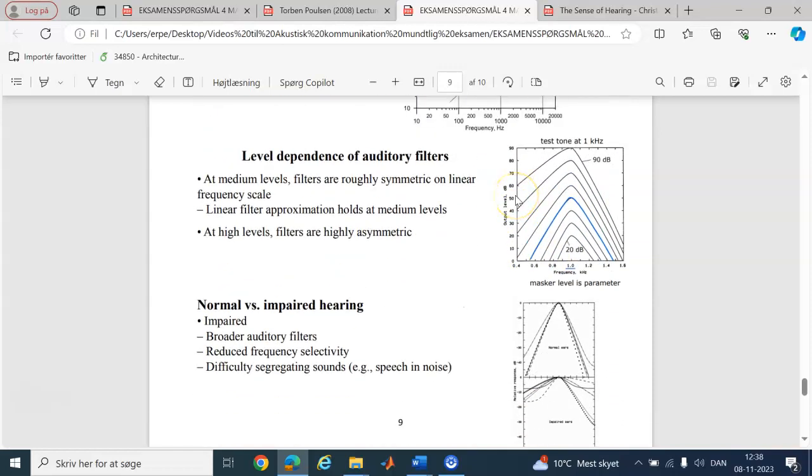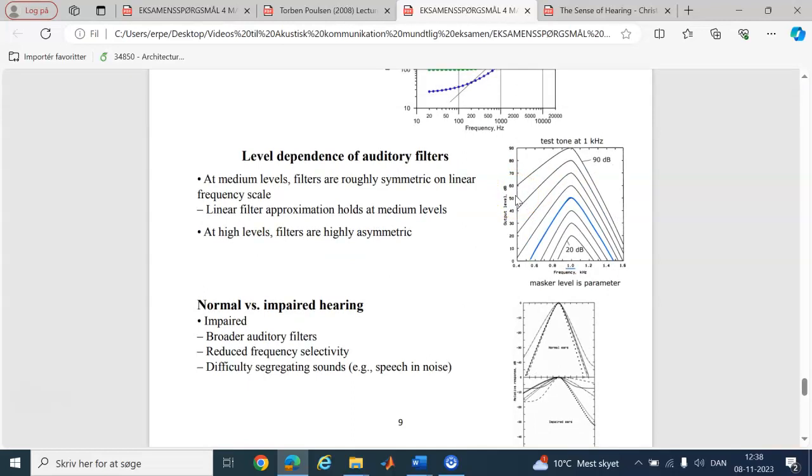Level dependence of auditory filters. It shows up when the levels are small. The masker level is a parameter. At medium levels, as you see here, filters are roughly symmetric on a linear frequency scale.